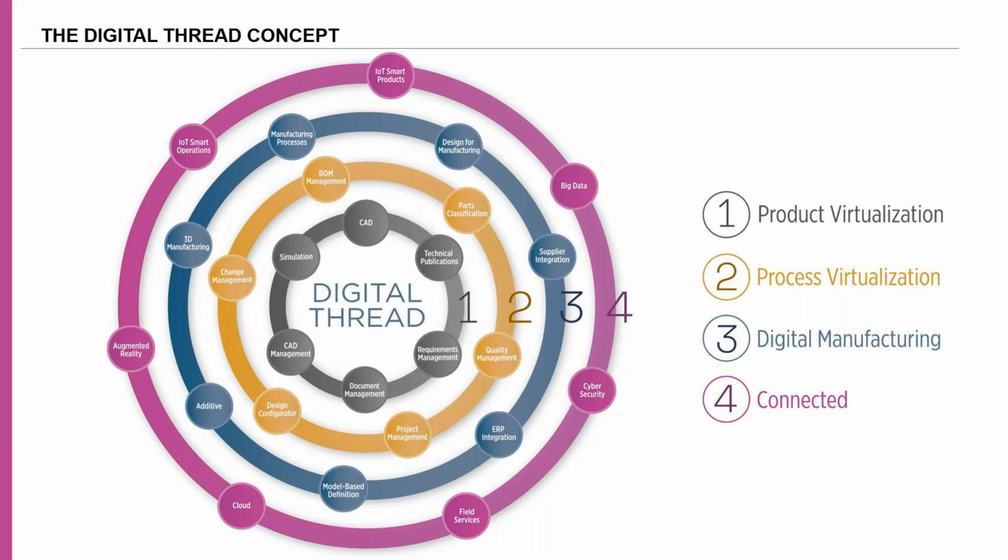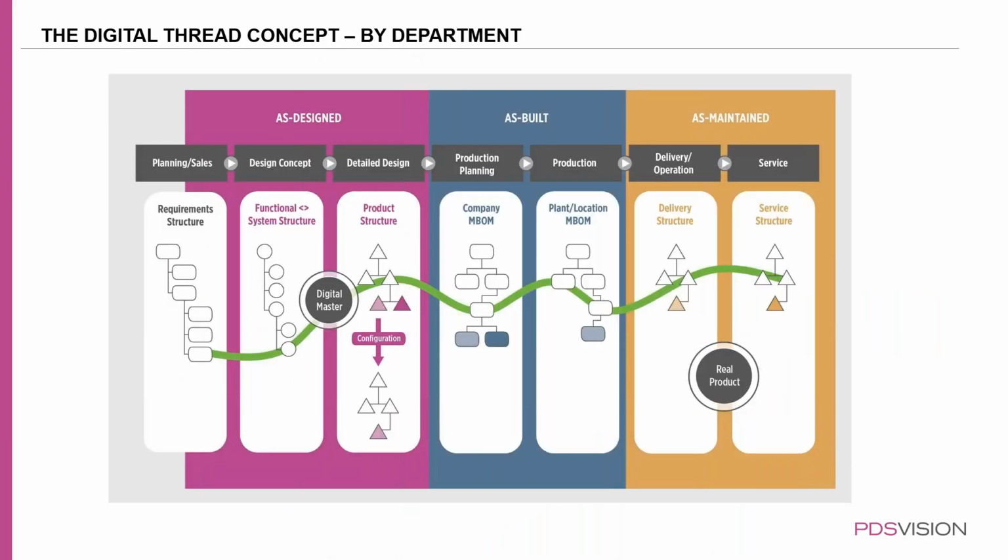So this leads to reduced time to market. It also reduces downtime and costs. So this is a thread that continues to stay through your entire process, from concept to design to early production, all the way through final manufacturing.